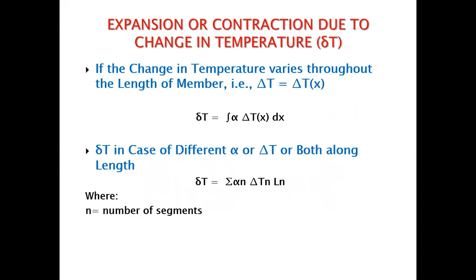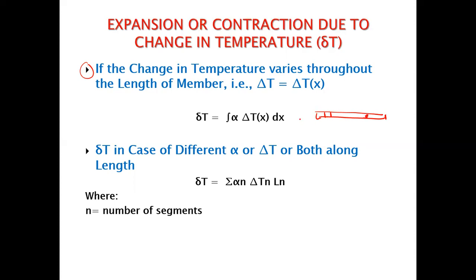If the change in temperature varies throughout the length of the member, we will take the integral. Suppose this is a long rod, and here the temperature difference is different, and here the temperature difference is different.